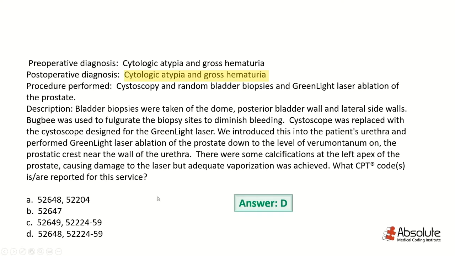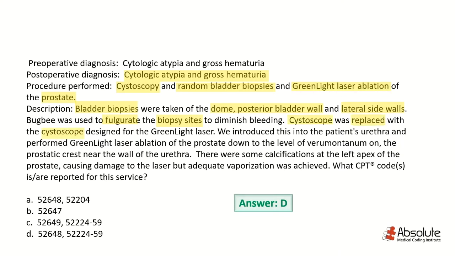So the post-operative diagnosis is cytologic atypia with gross hematuria. The procedure performed was the cystoscopy and random bladder biopsies with a green light laser ablation of the prostate. We had bladder biopsies of the dome, the posterior bladder wall, the lateral side walls. We had to fulgurate the biopsy sites.